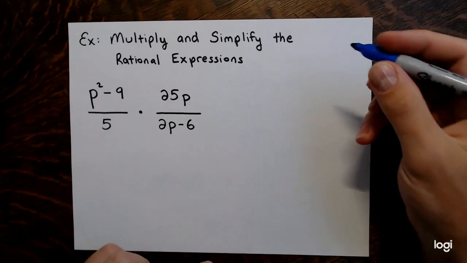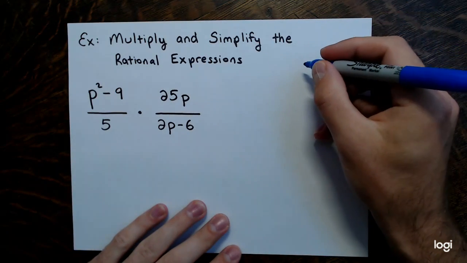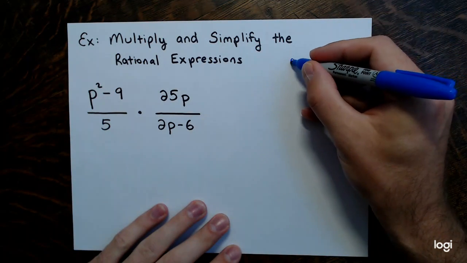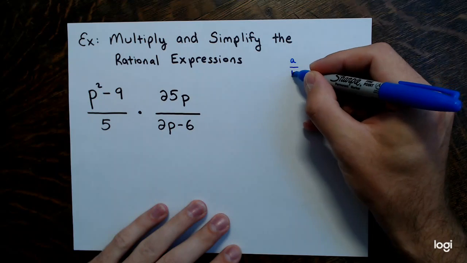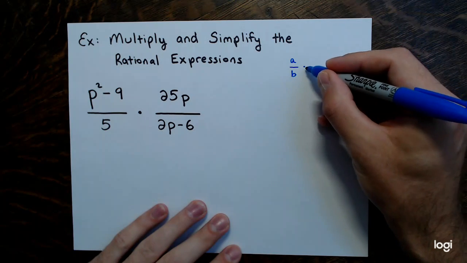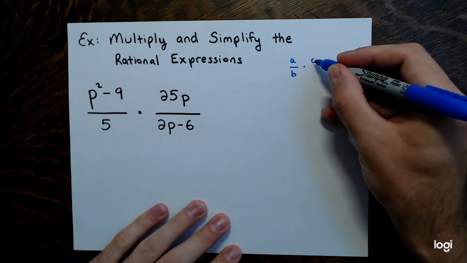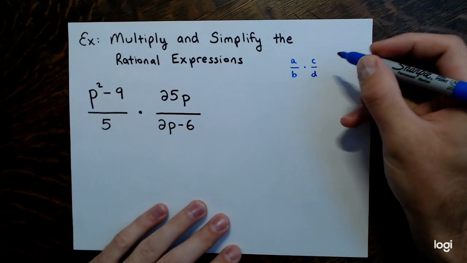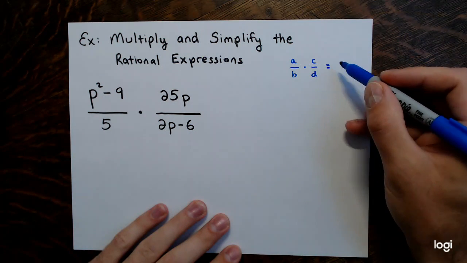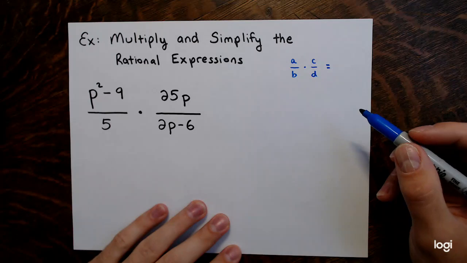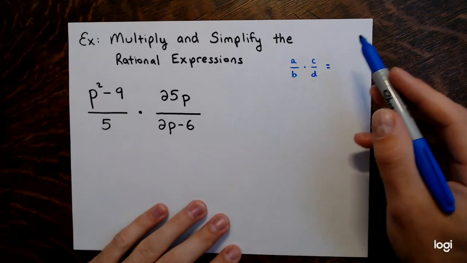Now, if you recall, when you multiply two fractions, say a over b times c over d, you simply multiply the numerators.